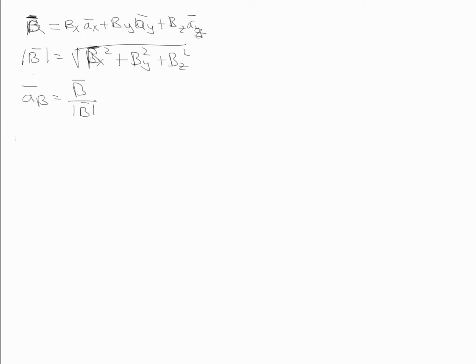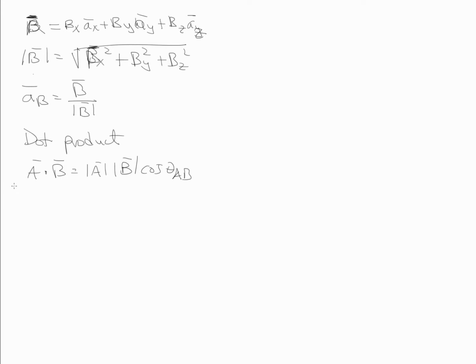And then we can go into the dot product, and it's defined as the vector a dotted with vector b is equal to the magnitude of a times the magnitude of b times the cosine of theta, the angle between them.